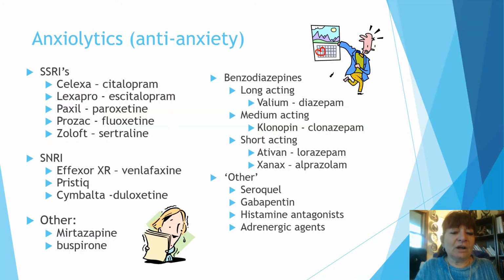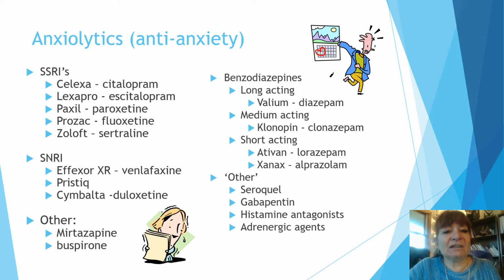Okay, so here we go with anxiolytics that we will be considering. The SSRIs: citalopram, escitalopram, paroxetine, fluoxetine, sertraline. Fluvoxamine is not listed there, but that can also help with anxiety and more specifically OCD.